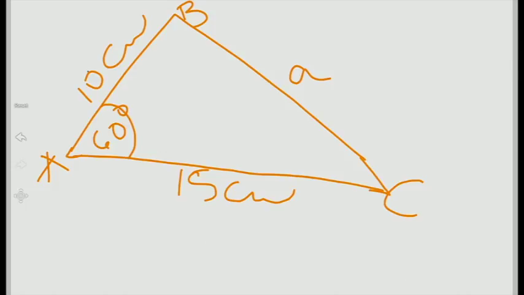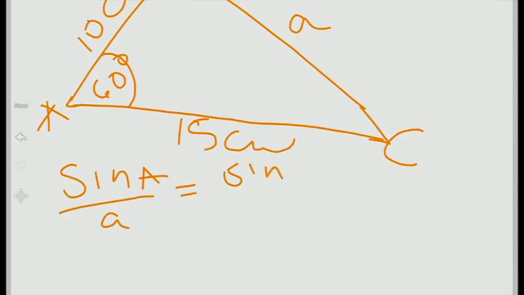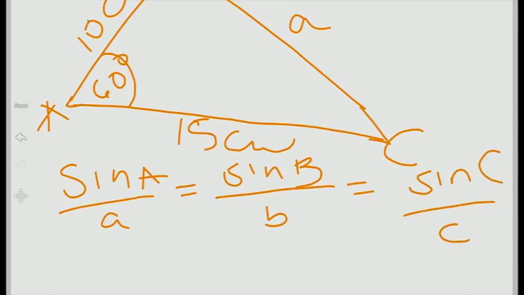The sine formula requires that we have sine A over A equals sine B over B equals sine C over C. So we'll pick any two here and substitute. Let's look at what we have.